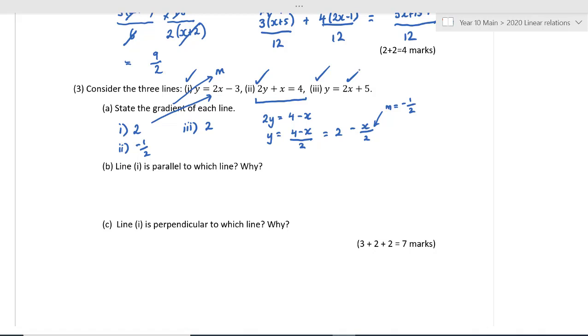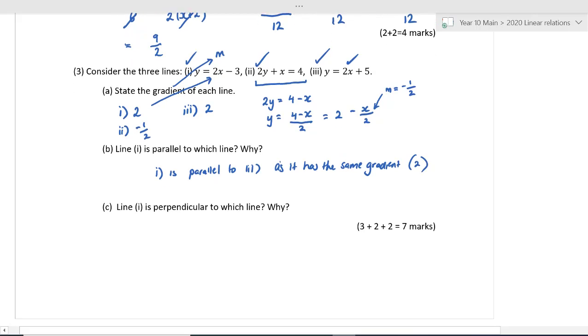Well, we know that line 1 is parallel to line 3, because it has the same gradient, which is of course 2.